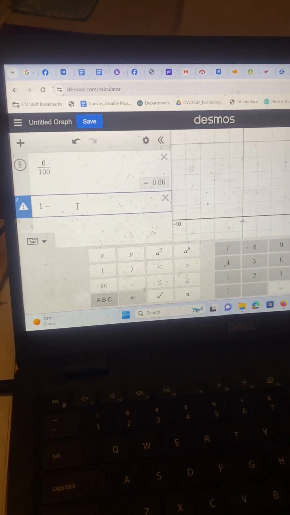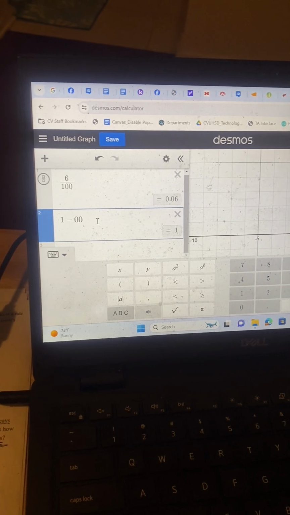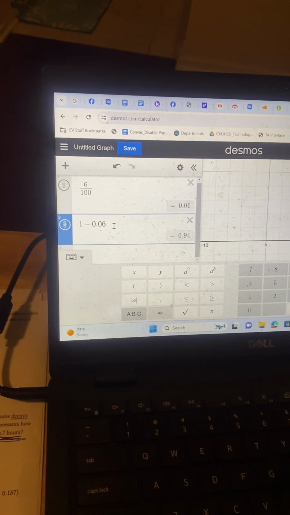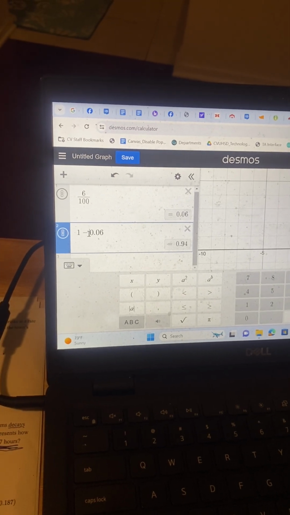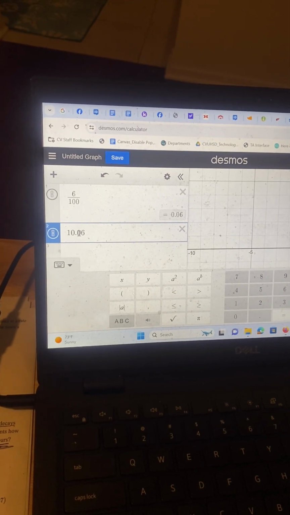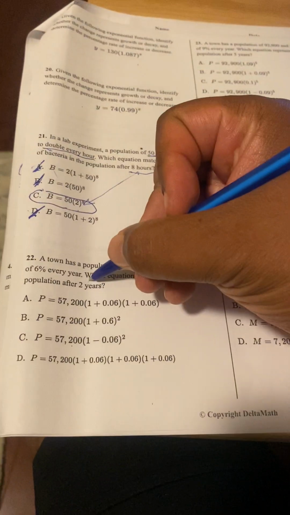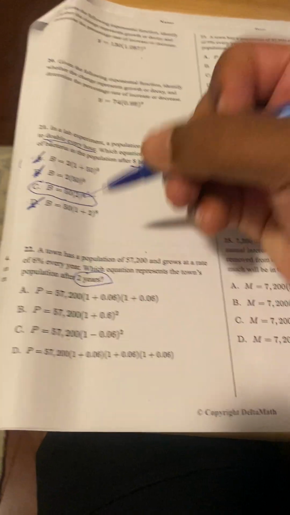So we're going to add 0.06. Not minus, because that would be 0.94. We're growing, so it's a plus. So we want to see 1.06 in there, or 1 plus 0.06. Then we want to focus on the 2 years.